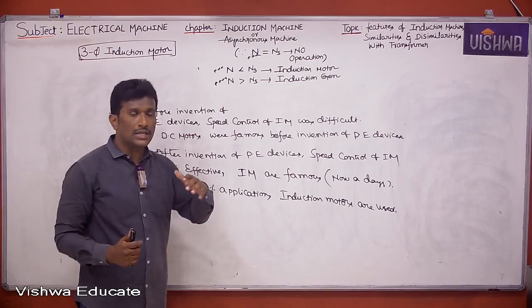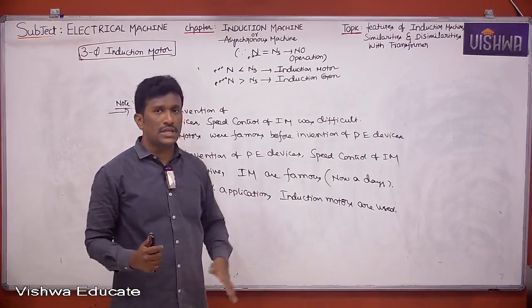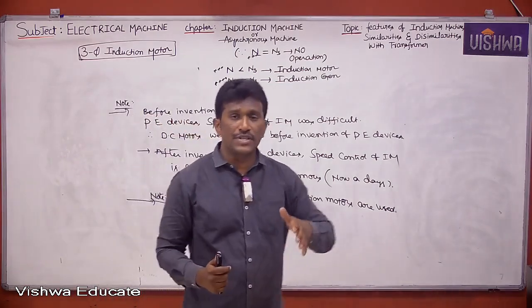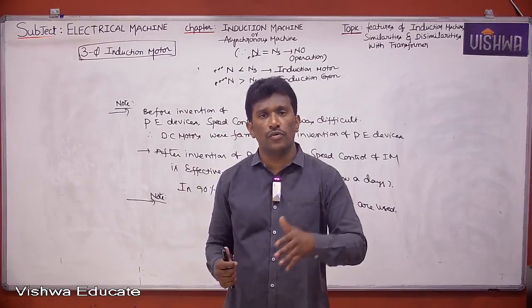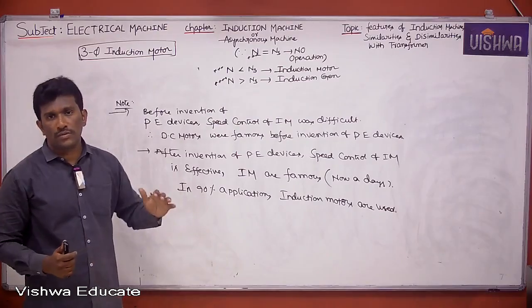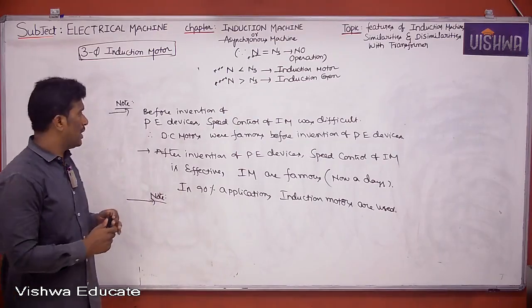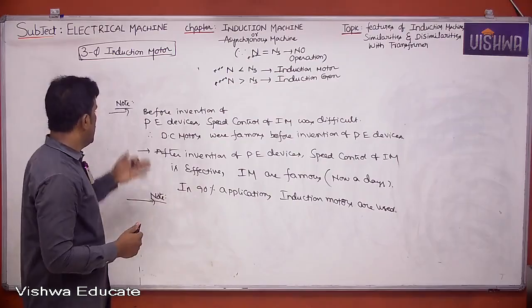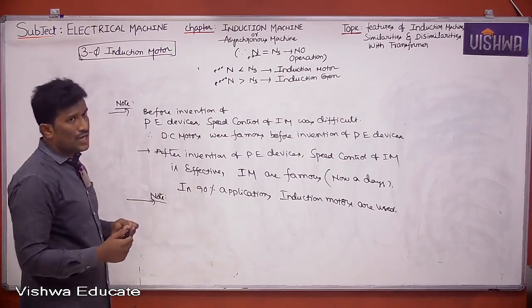Whatever I said in the case of the DC shunt motor, that speed is constant from no load to full load, in the induction motor also we can say the speed will be almost constant from no load to full load. That's why the induction motor has shunt type characteristics.